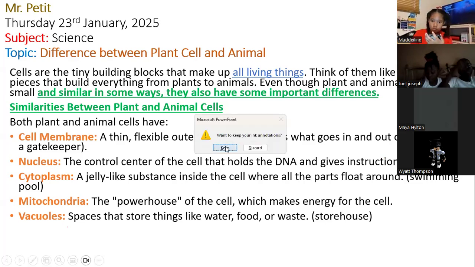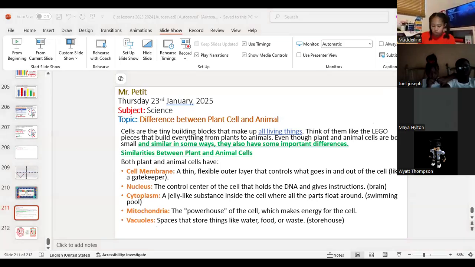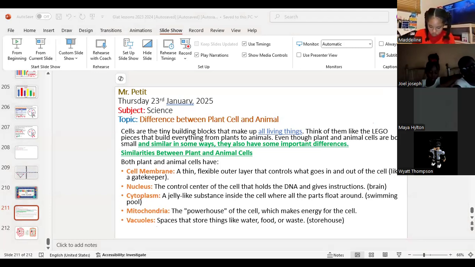Madeline, take a picture of your work and send it to me. Joel and Gianna, y'all finished with the notes? Can you send a note to the chat just in case you have to move on, please?